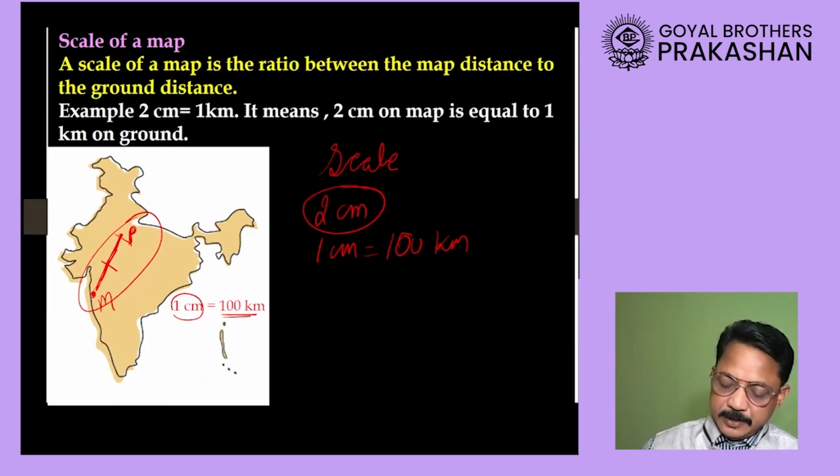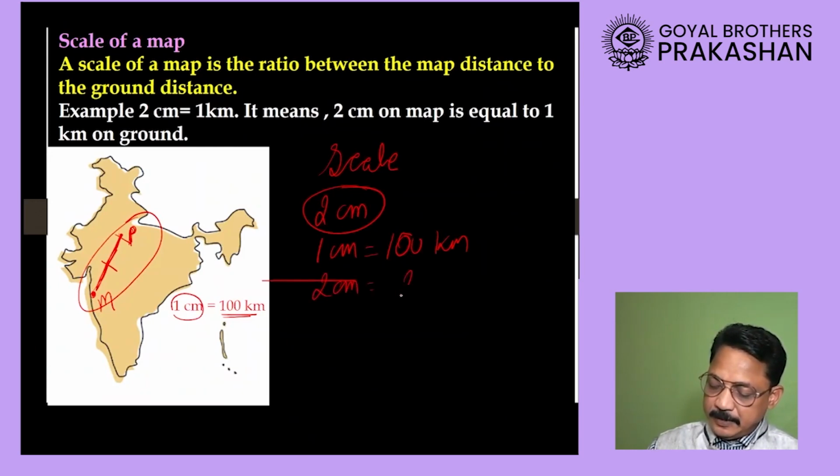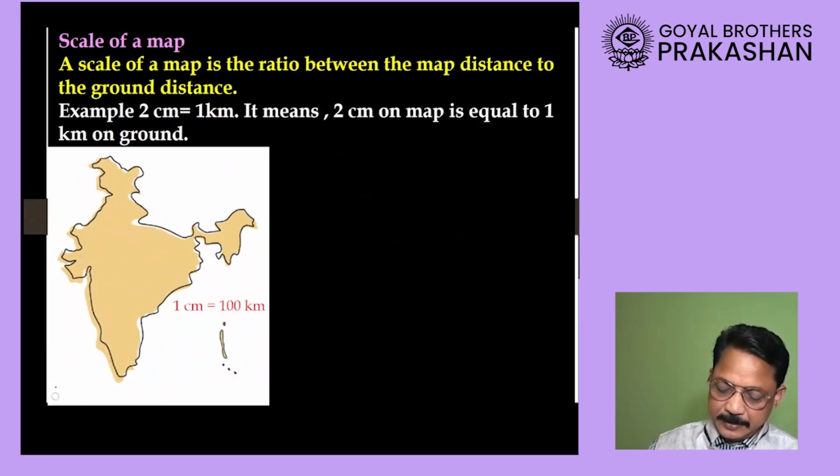So how much will be the distance between these two places? If 1 centimeter is 100, then 2 centimeter will be equal to 200. So this is just an example that the scale of a map will help us find the distance on the map as well as the corresponding distance on the ground. So what is then scale?